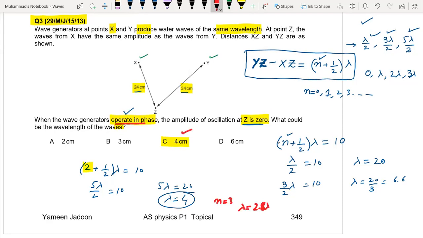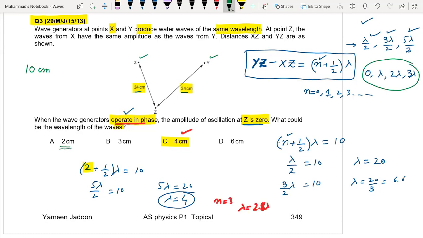Another way of doing this question is you find the path difference, and the path difference in this case is 10 centimeters. This path difference should not be an integer multiple of lambda. It should be an odd integer multiple of lambda by 2.